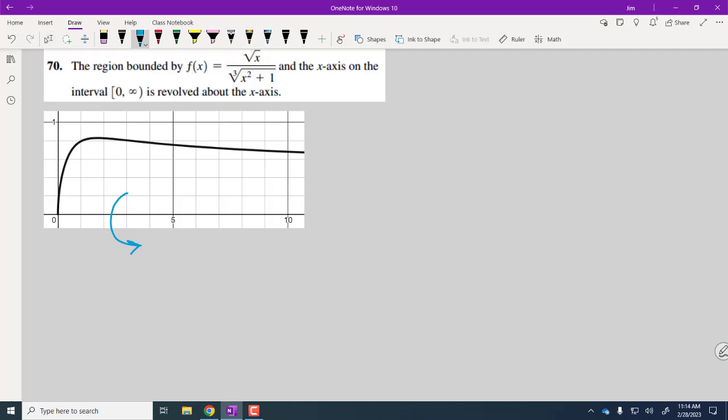Okay, so it's rotated around the x-axis, so we're using disks again. So there's your radius. The disk is however you want to draw your disk. You know, it's like that direction. The area of a disk is pi r squared.